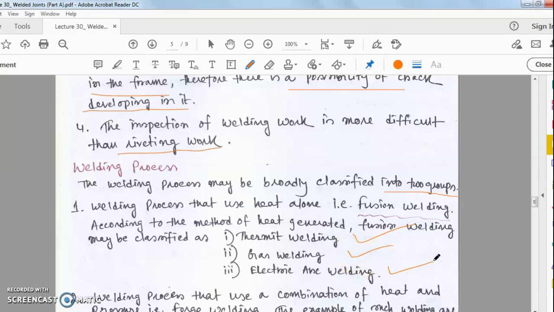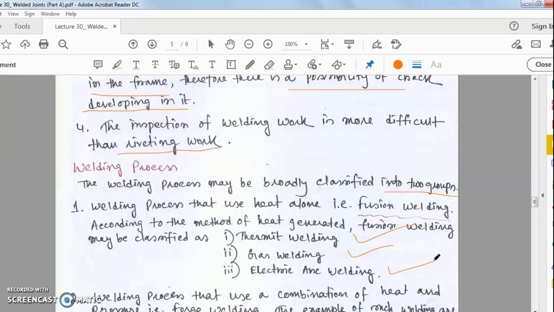These 3 primarily come under fusion welding. Now, as the subject is design, I shall not go into detail for every welding method. These methods you can find in your manufacturing or production book.